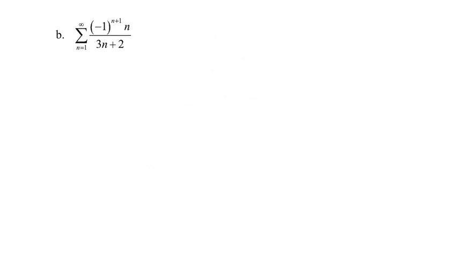All right, next. Again, take out the alternating part. That is the alternating part on this one. So I'm going to say that a sub n is n over 3n plus 2. Just looking at the nth term, I'm not even going to worry about doing a sub n greater than or equal to a sub n plus 1.